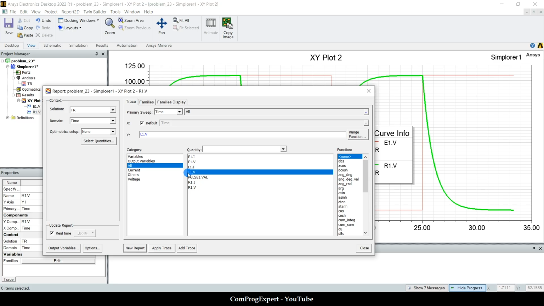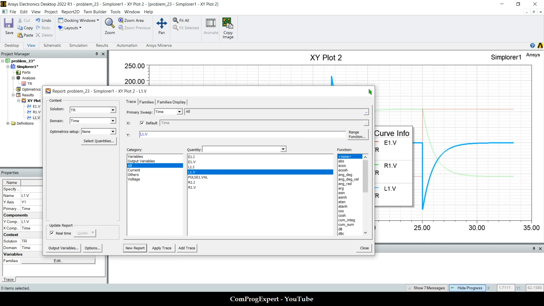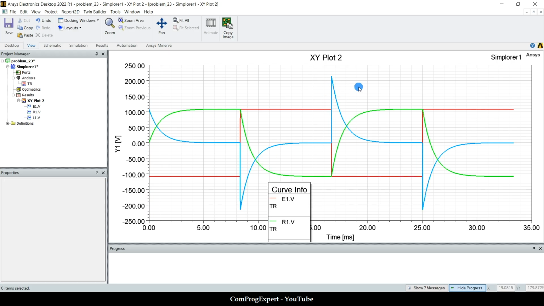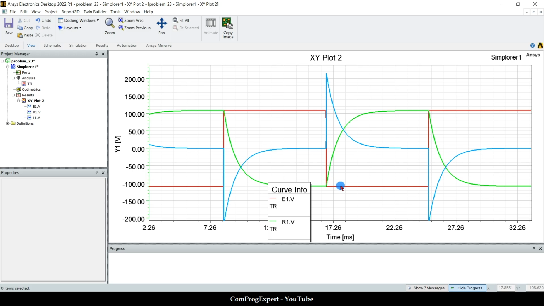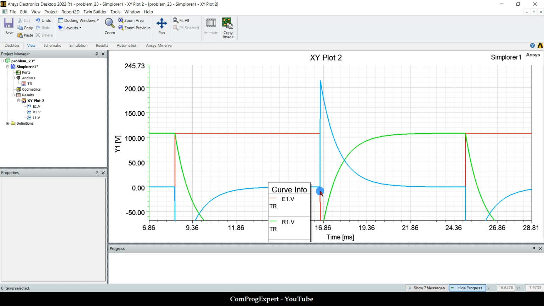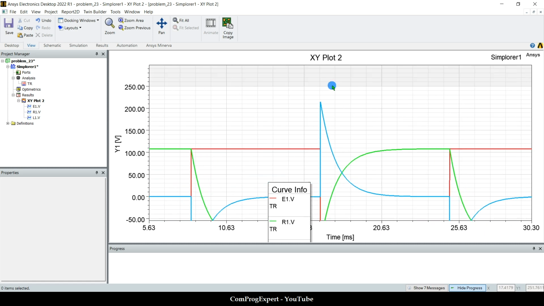Also, we can calculate the voltage of the inductor. We can plot it, L1.V. This is the inductor voltage. When we change the polarity of the input voltage, we have this jump, this spike in the value of the inductor voltage.